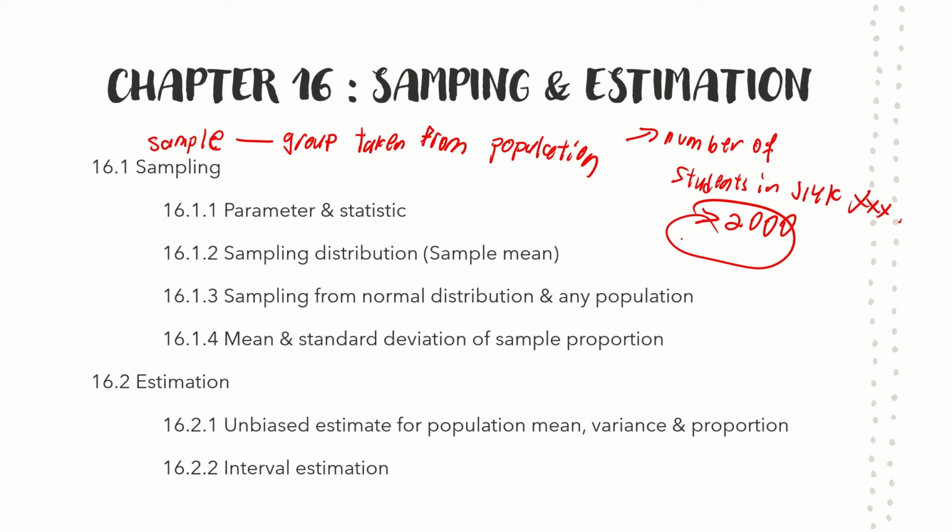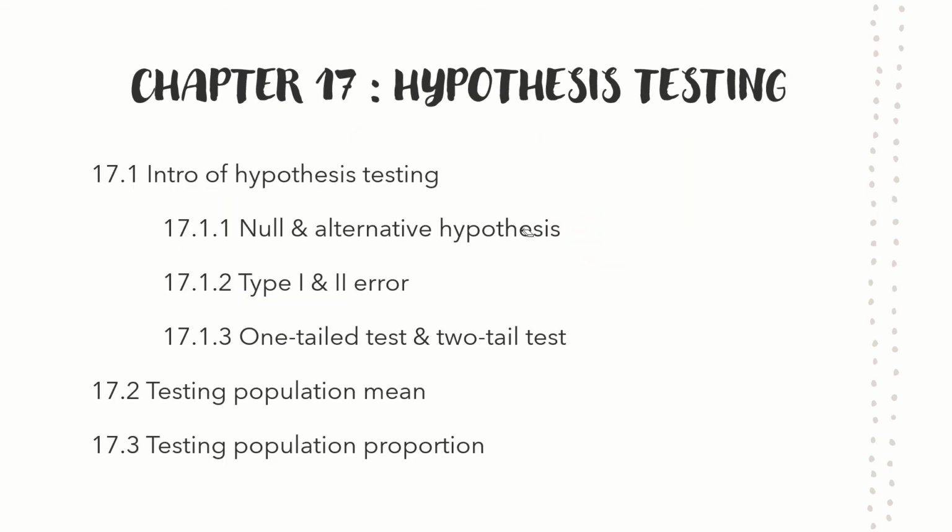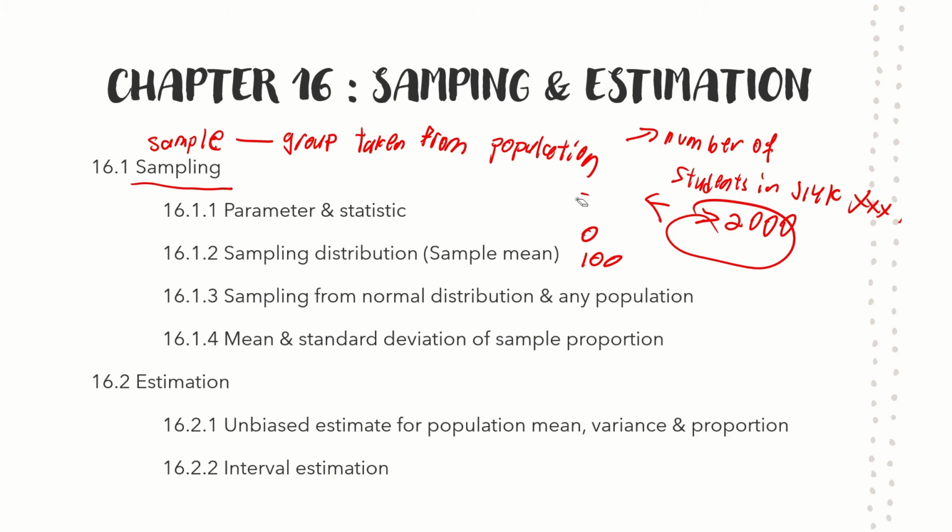So in statistics, we have one technique that is sampling. This means that we can take a group randomly from this population. Maybe we take 500, maybe 200, maybe 100, based on what the researcher needs. So how many samples do you need to take? There are no rules, it is just based on the situation.